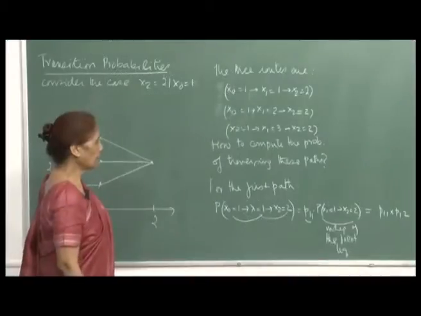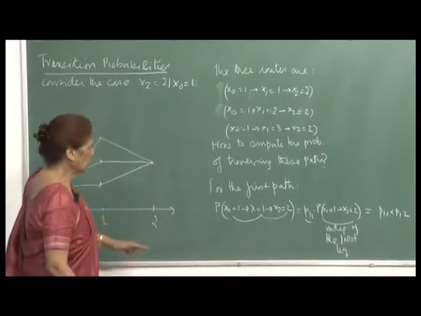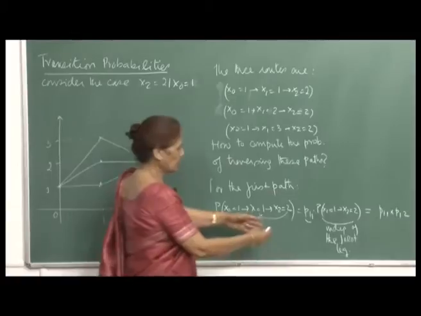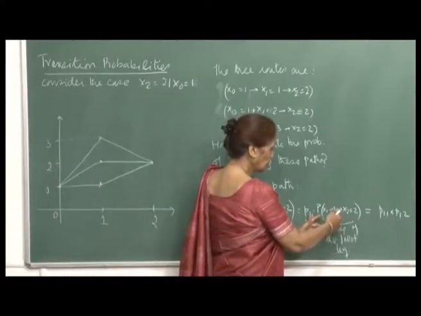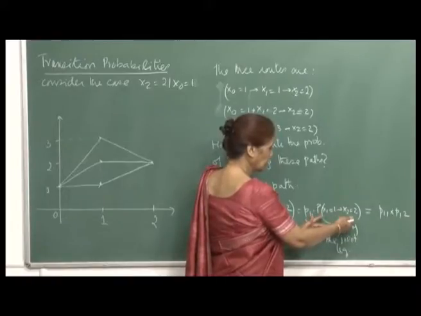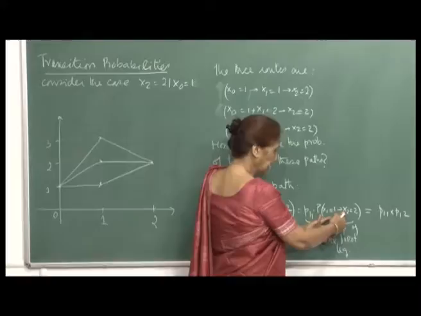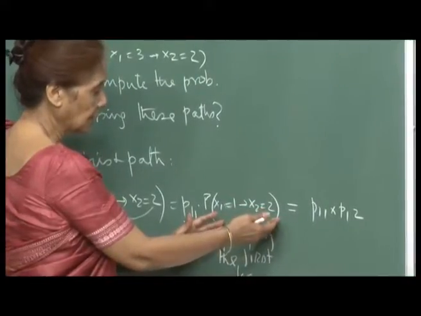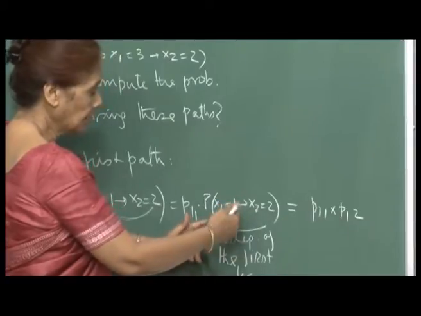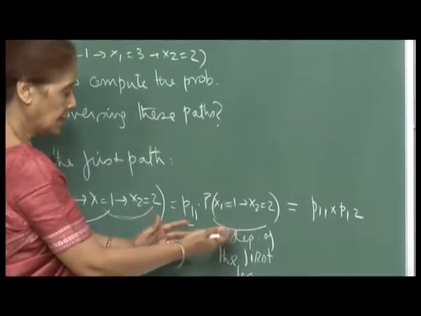Remember I said that the past history is not required for computing the transition probabilities. Here it is where you are currently and where you want to transition. This is the only thing that we need to compute the probability. I do not need to know what was the value of x0.